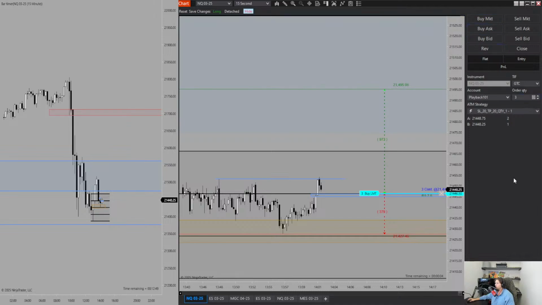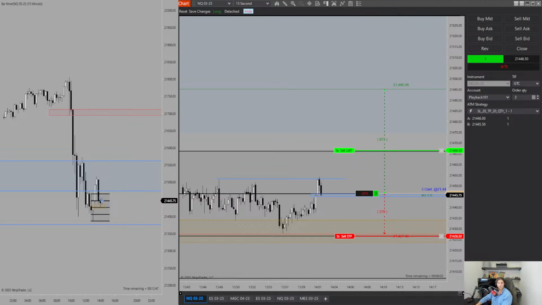All right, let's try to get tagged in here. Order filled. All right, we got filled. Hopefully we get a win on this one. Put that in the Excel spreadsheet here. NQ long limit, 3 contracts at 21,446.5.